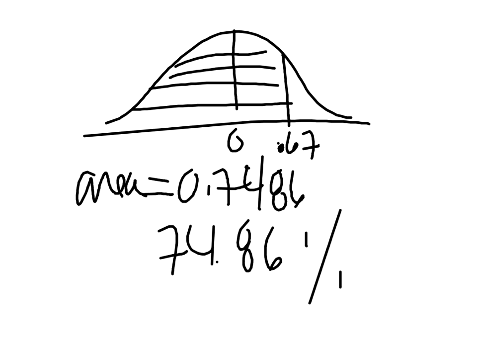So what we just did is we converted and found a z-value, then we converted that z-value into an area, and then we converted that area into a percent to summarize our results.